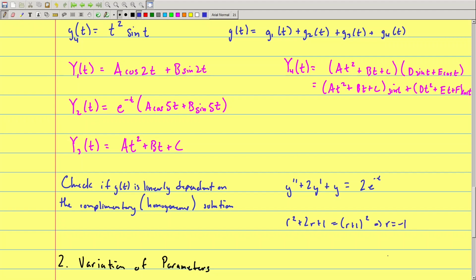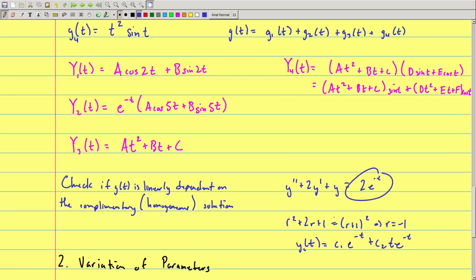You get r equals negative 1. And so therefore, the complementary solution would be equal to c1 e to the minus t plus c2 t e to the minus t, as we discussed previously, right? Real repeated roots.